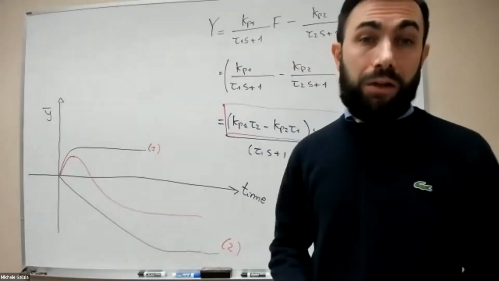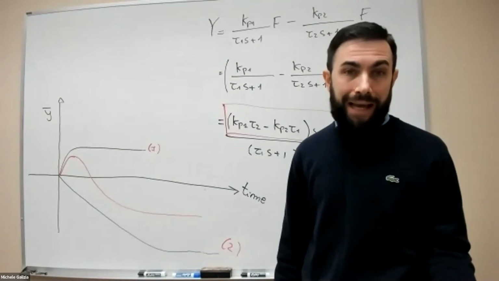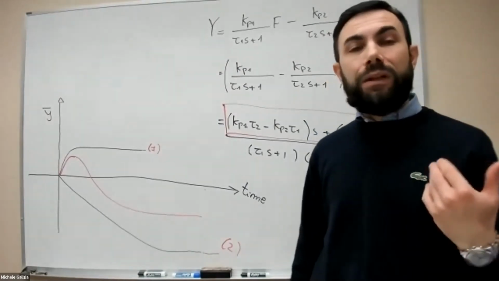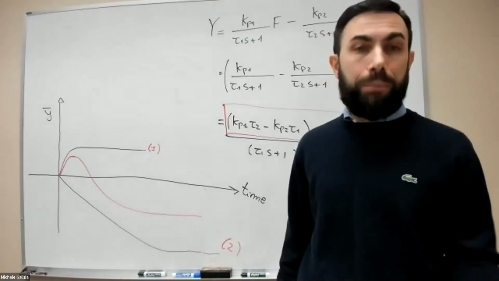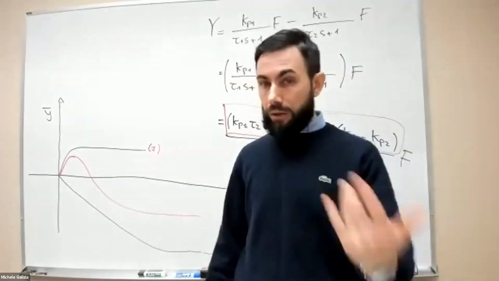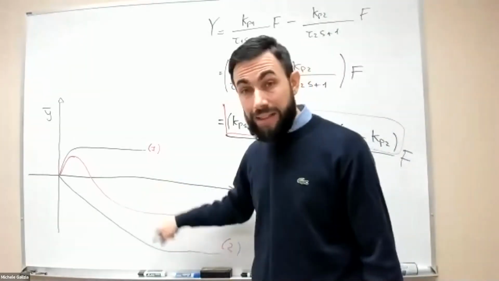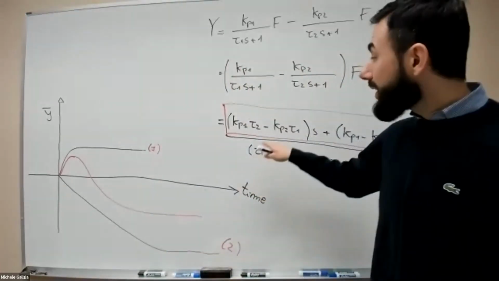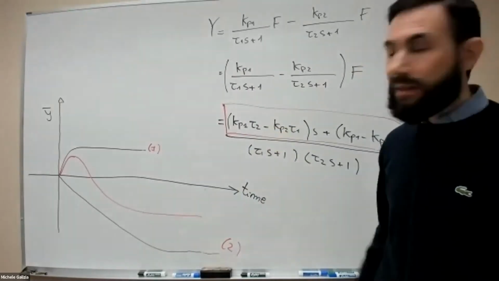We have always considered the poles. So the stability is determined by the poles. The response of a system to a disturbance is determined by the poles. The poles will tell you if the system is oscillating or not oscillating, and so on. Now, the inverse response is dominated by the numerator of the transfer function.